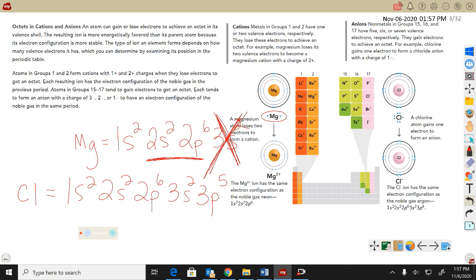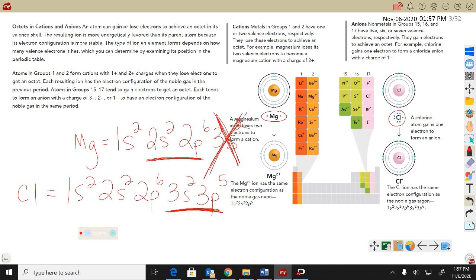So my outer shell is the 3rd, and overall the 3rd energy level has 7 total electrons, 2 in the s and 5 in the p. I've got 7 valence electrons already, shown here with either the Bohr model or the dot structure. So it's easier just to gain 1 electron and fill that outer 3rd energy level. And then I would have a configuration that looks like a noble gas.